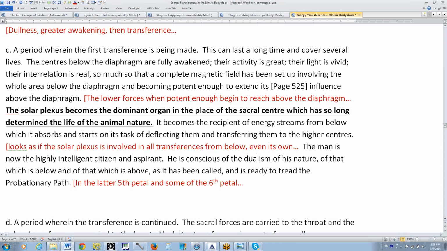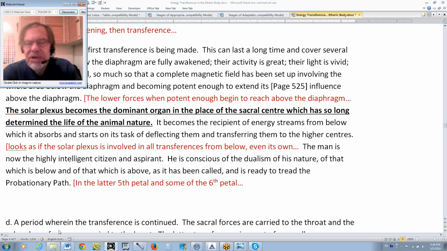So he is conscious of the dualism of his nature, of that which is below, that which is above, as it has been called, and is ready to tread the probationary path. Now, the probationary path is very much connected with petal number 6, with work in petal number 6. The full unfoldment of petal number 6 gives us the second initiation, but I'm talking about the organization of petal number 6 and work within petal number 6.